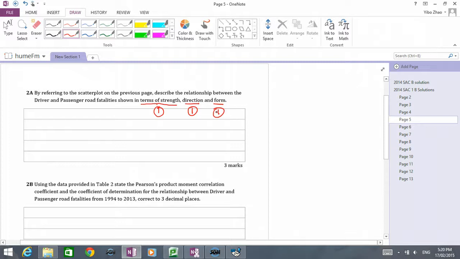The correct answer is there should be a moderate positive linear relationship. Okay, so I write it down.